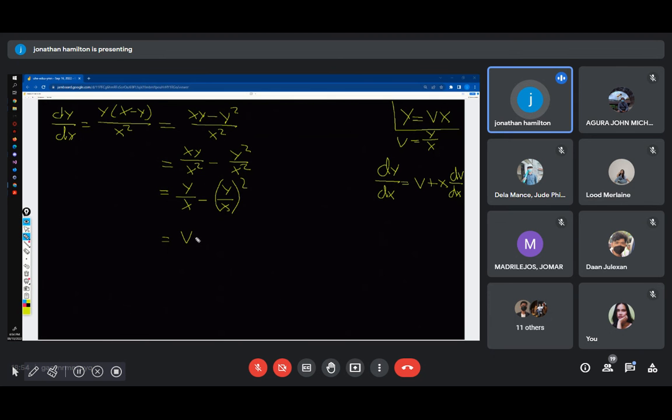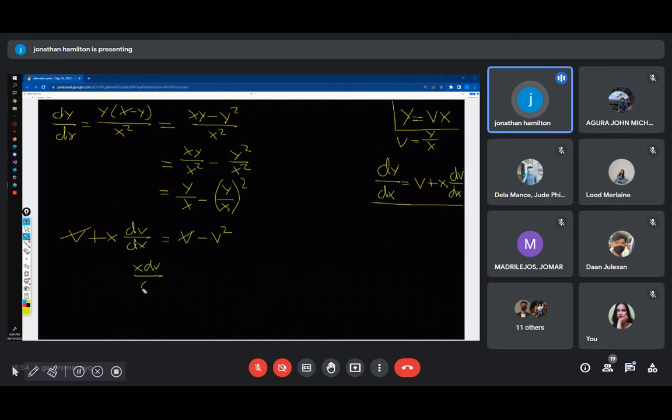We can simplify this by saying this is v minus v squared. Since that is dy over dx, we substitute it, so we have v plus x dv over dx.